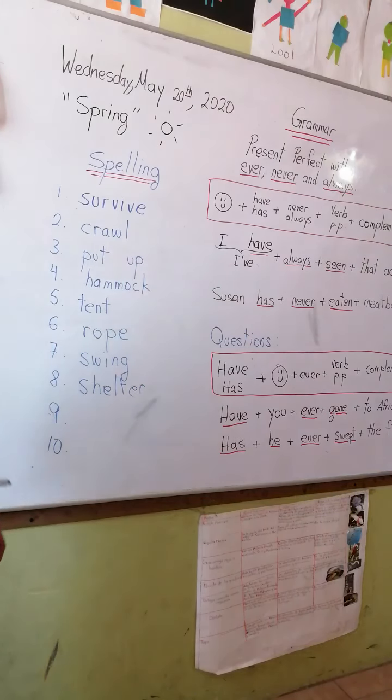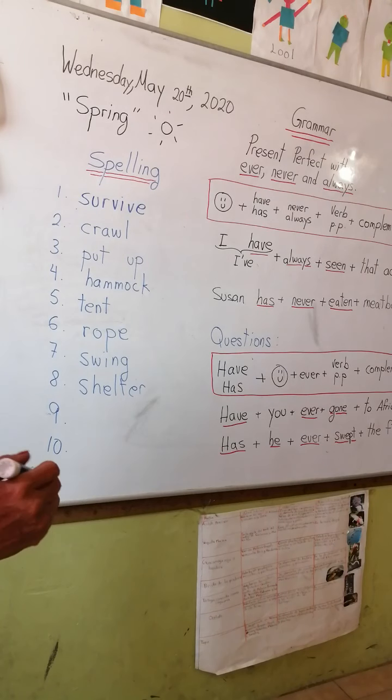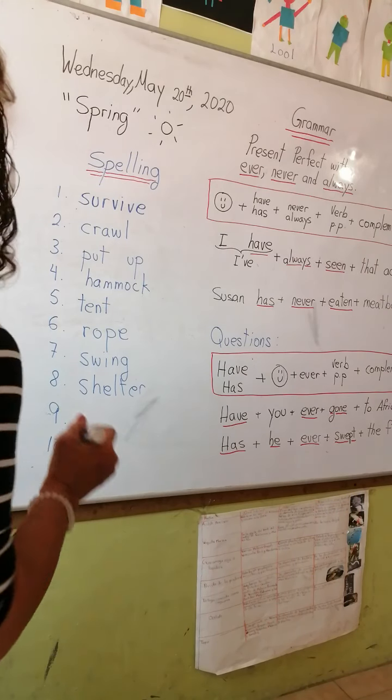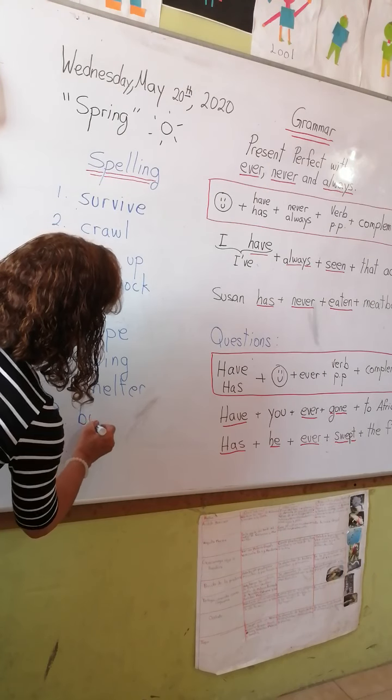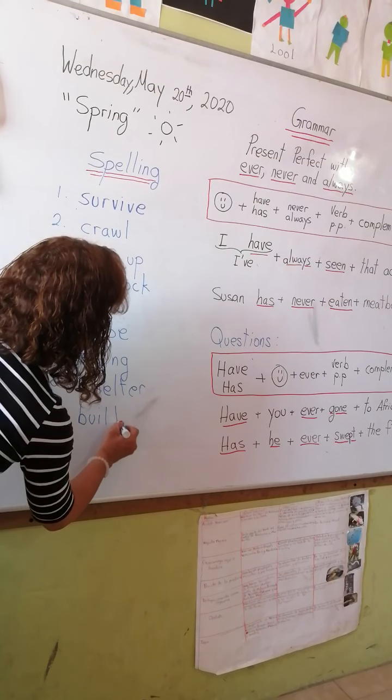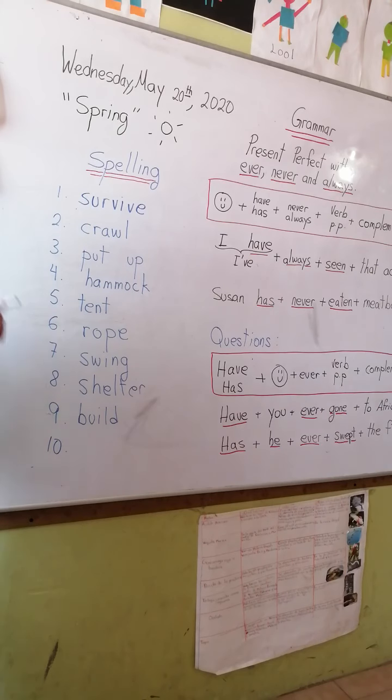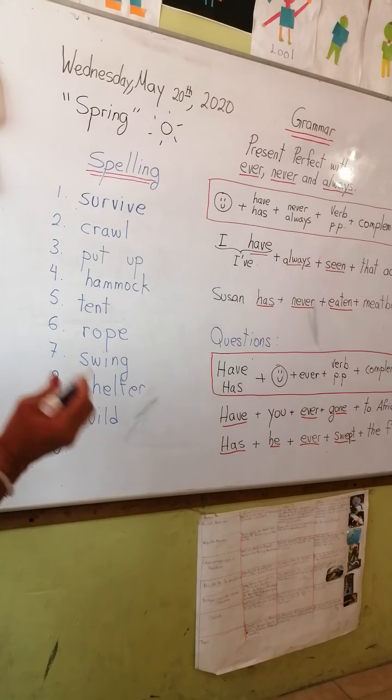Let's continue with our number 9, and we have here build. Spell build, please. B-U-I-L-D, build. And the last one is dive. Spell dive, please.